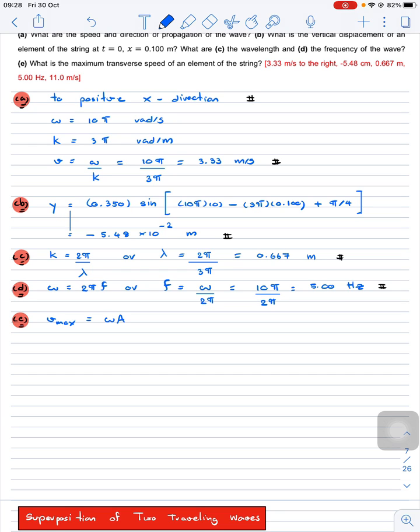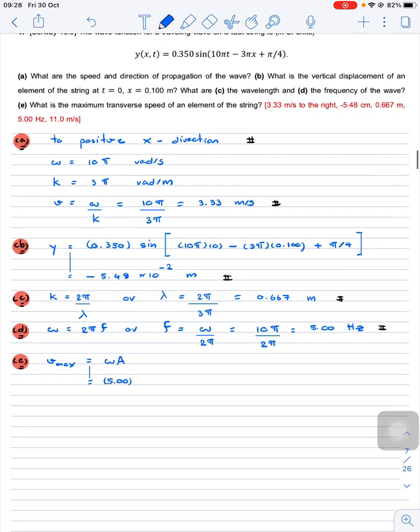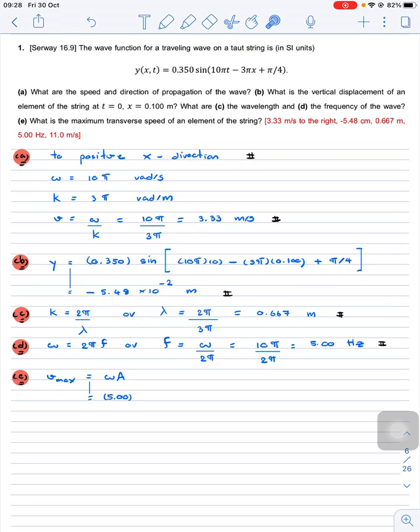This equation, if you remember from the previous chapter. Now omega is, sorry, no, omega is 10 pi, my bad. And for A it is 0.350. Don't forget that this one is the amplitude.